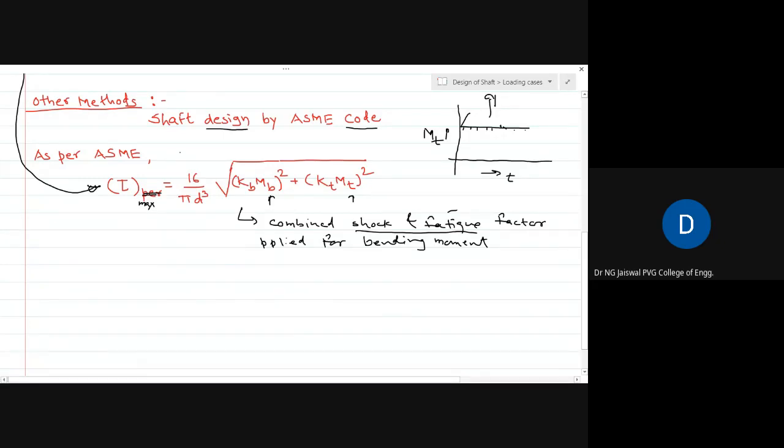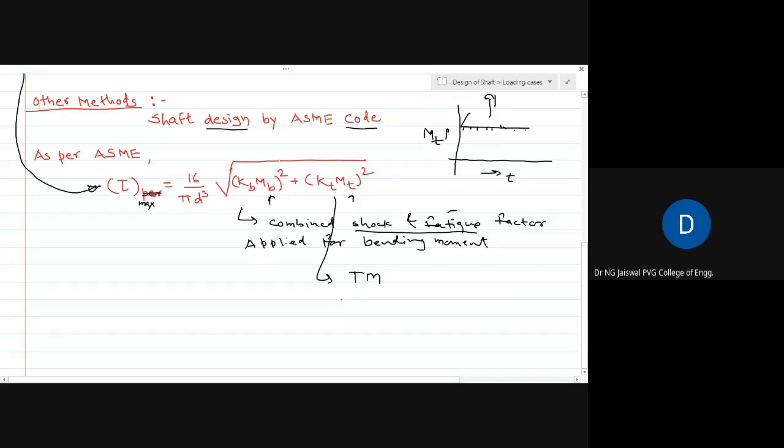So KB is the combined shock and fatigue factor applied for bending moment, and this KT is the combined shock and fatigue factor applied for torsional moment.